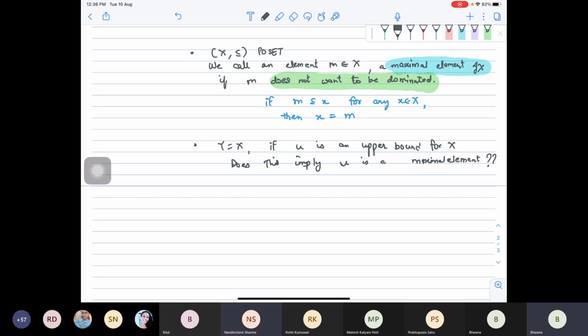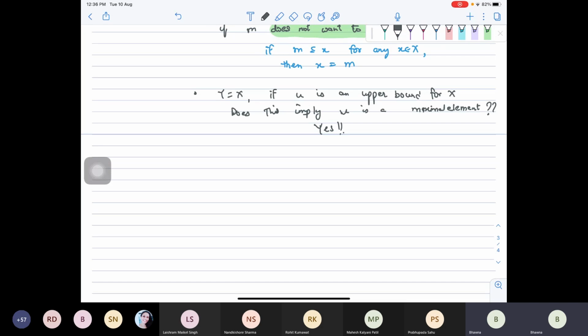Yes, definitely. Now he was asking about the converse, which is false. That means if m is maximal, it does not imply that m is an upper bound for x. That's very much clear from our example because we have two maximal elements. They are not related, so that cannot be an upper bound.